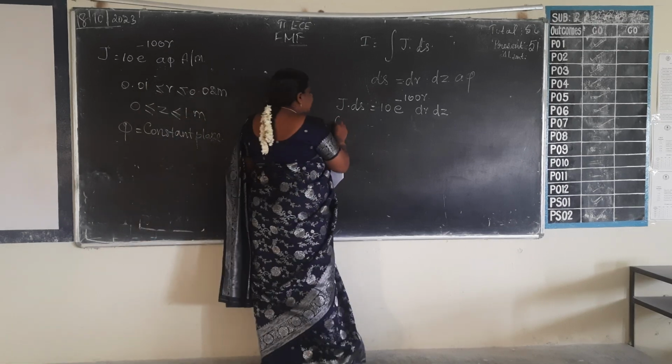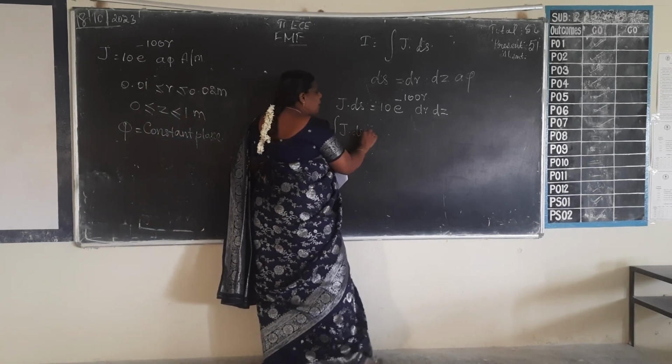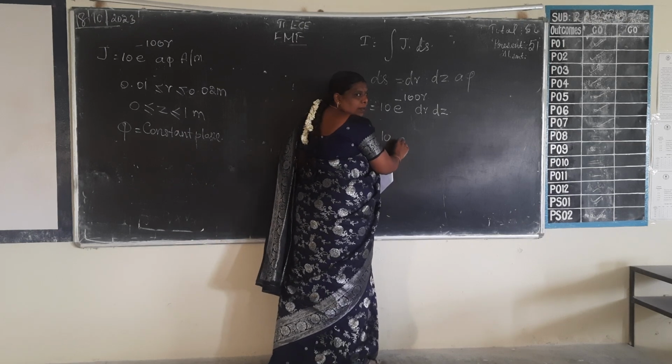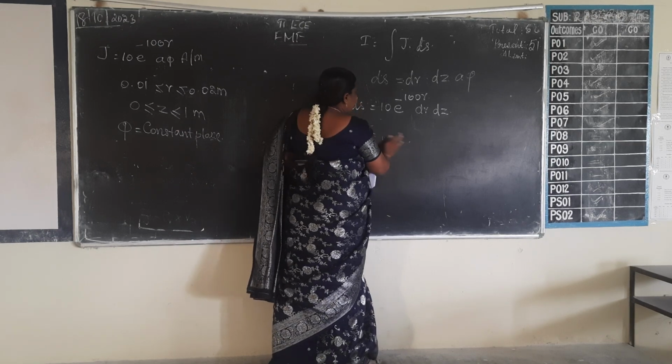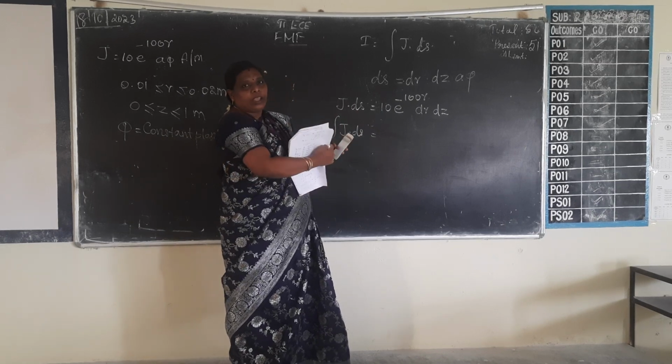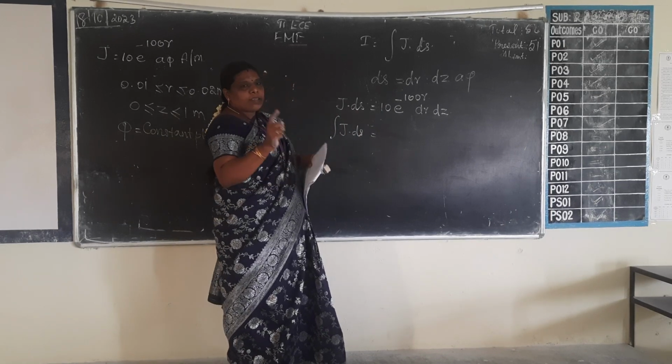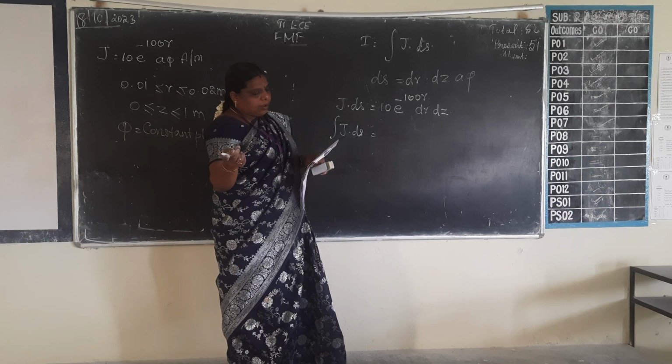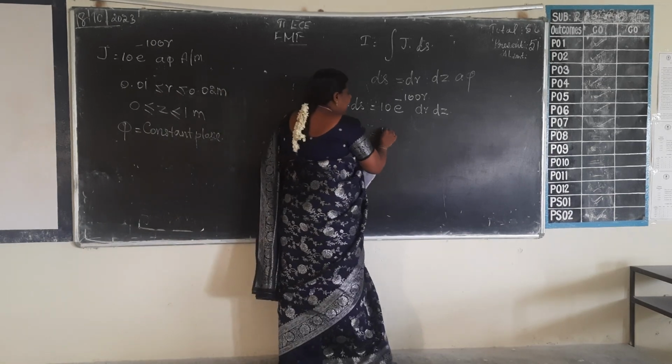So I want to find the surface integral of J dot ds, equal to 10, which alone is constant. What are the other terms that are going to vary? e power minus 100 r with dr, and dz. So 10 alone we will take out.